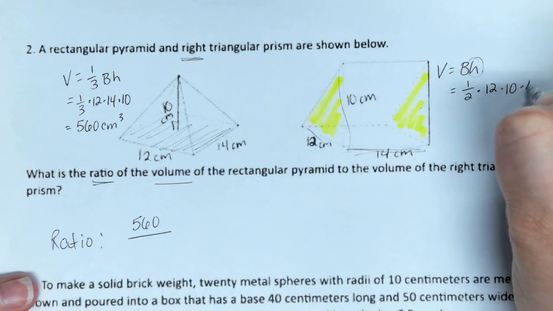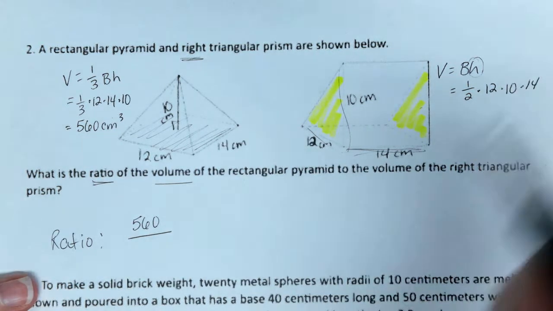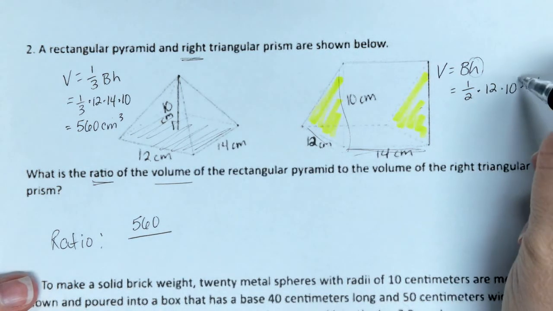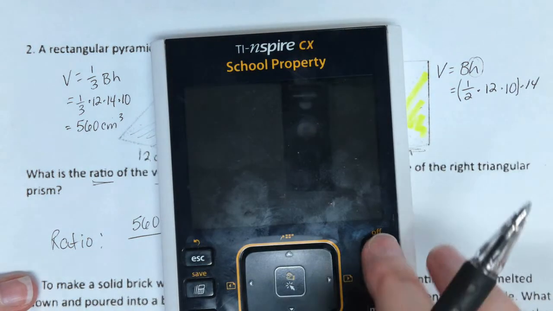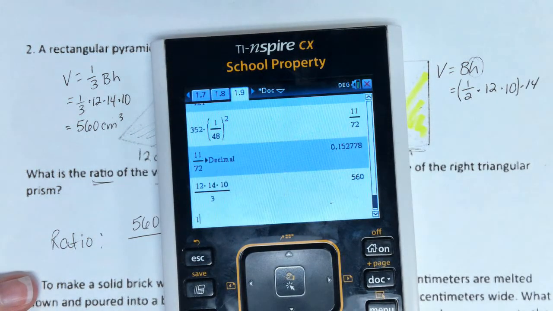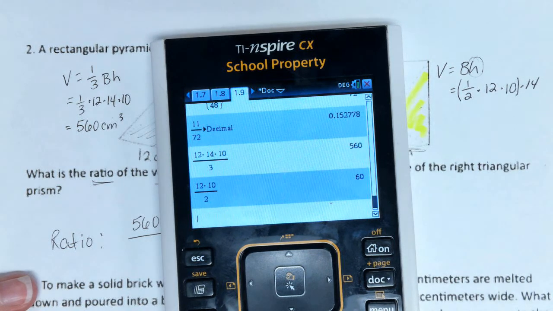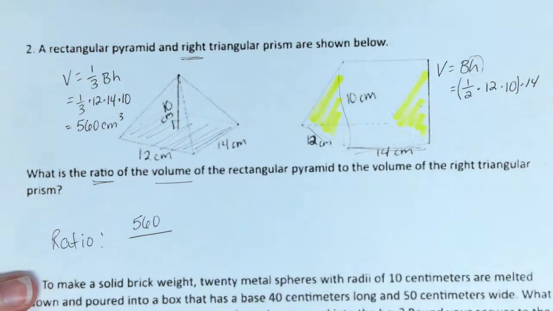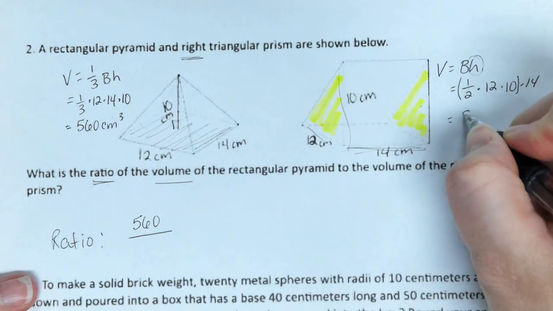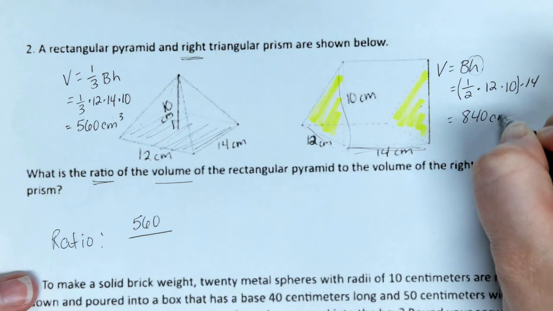It's the 14. So technically, this is big B. So you've got 12 times 10, divided by 2, and then we're going to do times 14. So 140, yeah, 840. So it's also centimeters cubed.